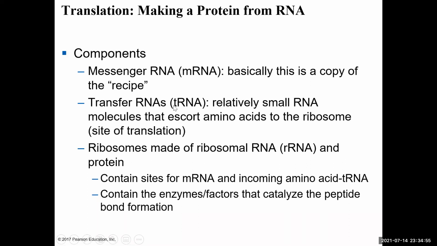And so the transfer RNA, which is known as tRNA, is a small RNA molecule that basically brings amino acids to the ribosome where translation happens. Ribosomes are made of rRNA, or ribosomal RNA, and proteins.